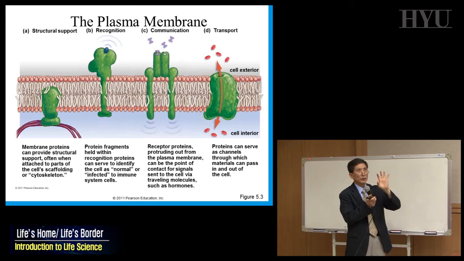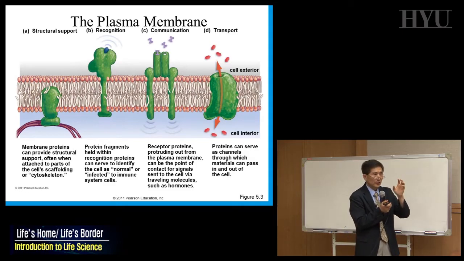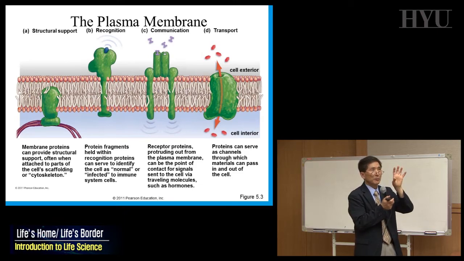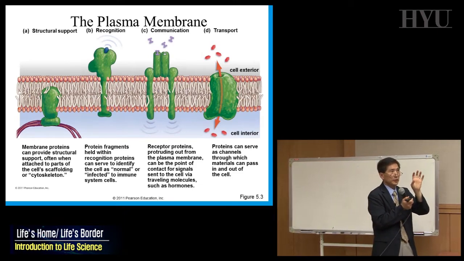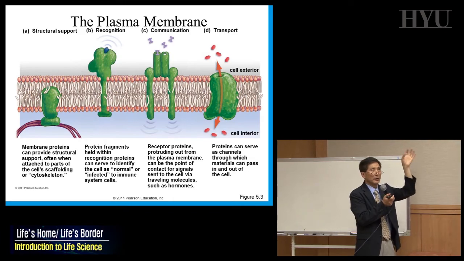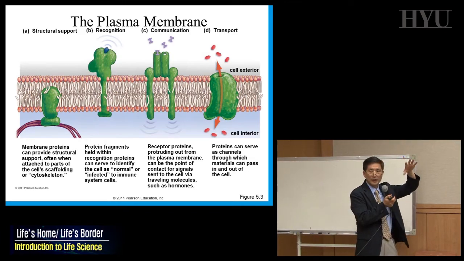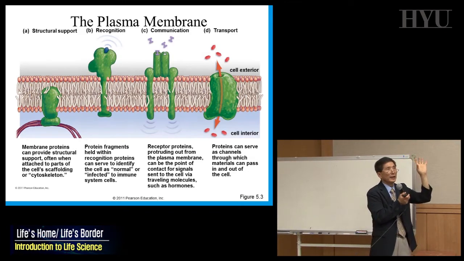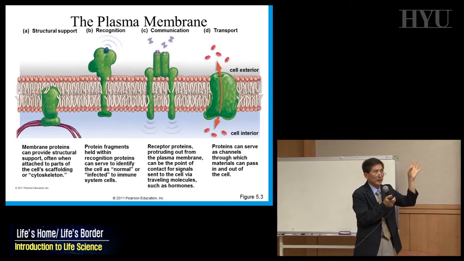They watch whether a virus is coming or bacteria is coming. So one way to do that is that normal cells put some piece of protein and make a flag out of it, and put it in the membrane saying, I'm your side.